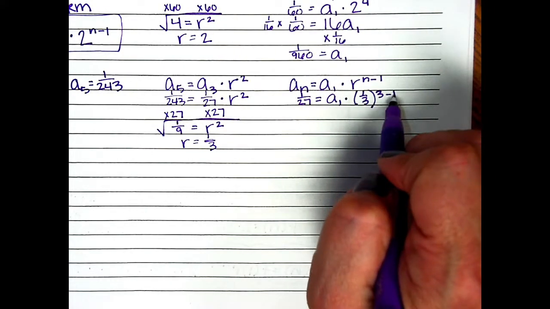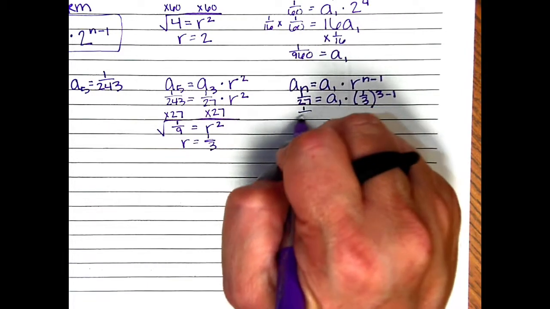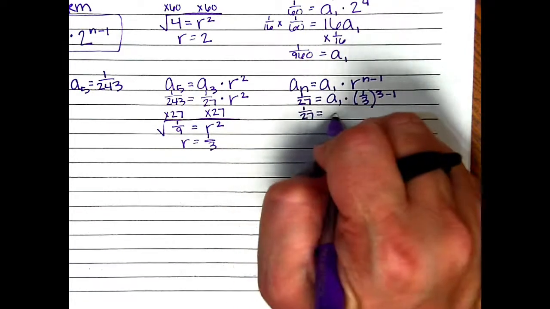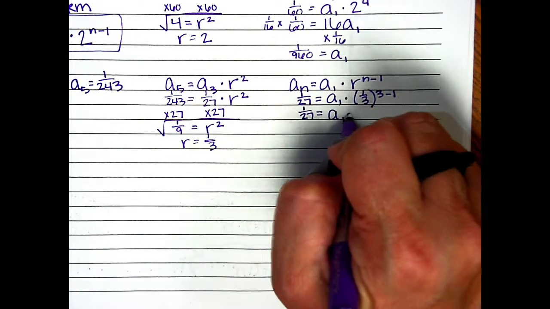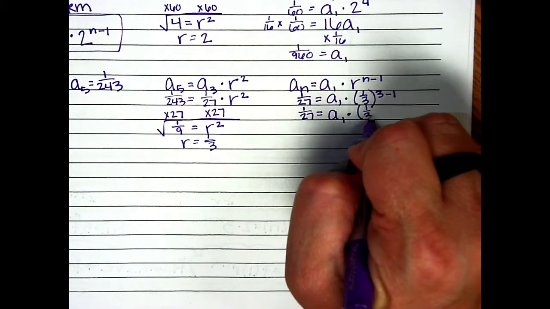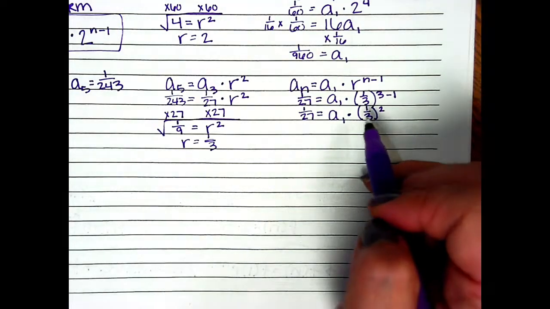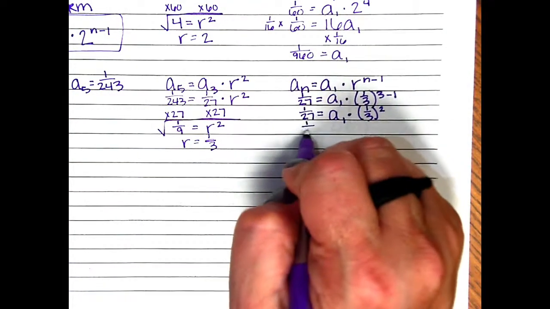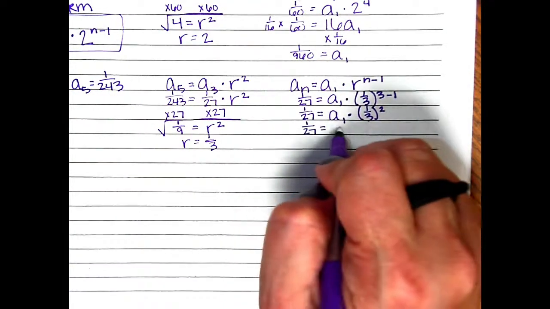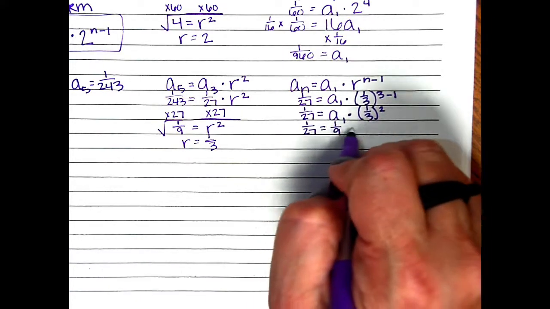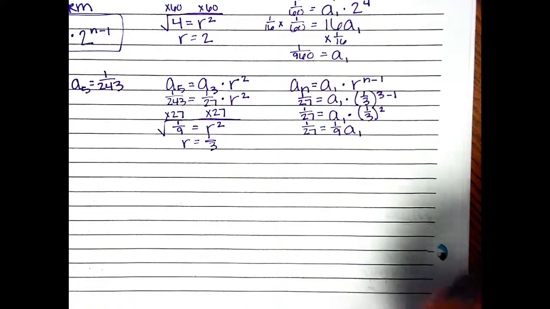Again, I need to do the 3 minus 1, so I have 1/27 equals a sub 1 times 1/3 squared. 1/3 squared is 1/9, so I have 1/27 equals 1/9 a sub 1.